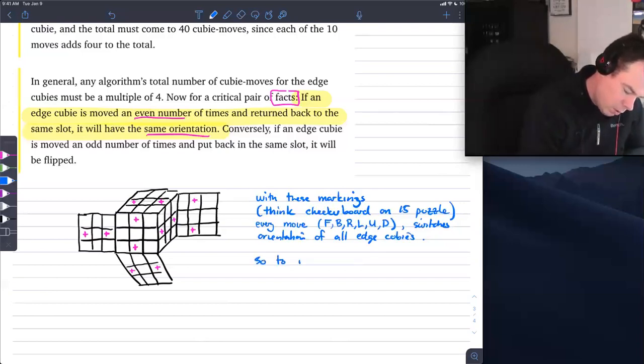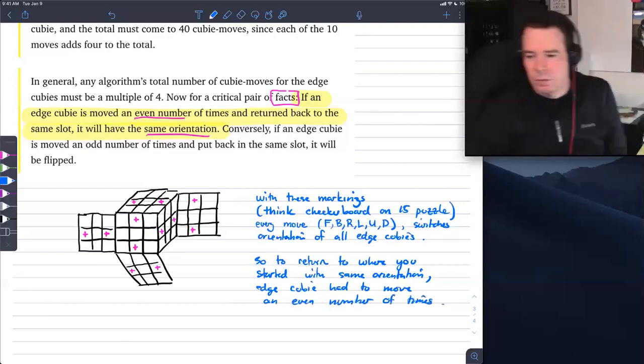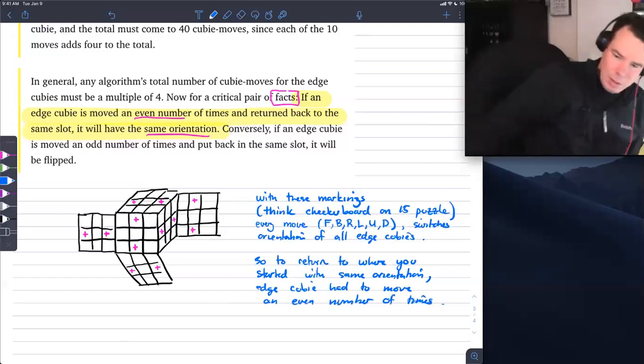So to return to where you started with the same orientation, an edge cubie had to move an even number of times. And vice versa. If you move an even number of times, then when you get back to where you started, you have the same orientation.